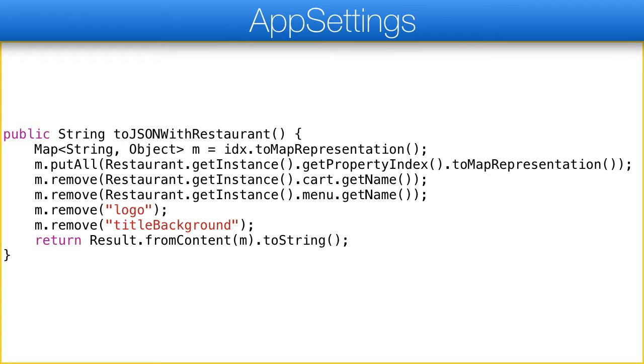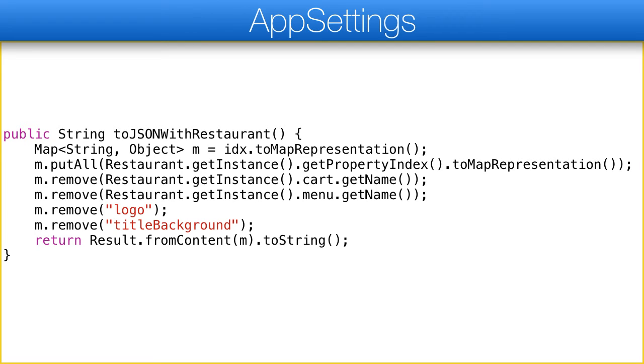This is a bit of a hack, so let's go over what I did here. In the app settings class, I get the value of the object as a map object. I then add all the properties from the restaurant object to create one large JSON object containing everything I need in the server, which doesn't have a distinction between the two.